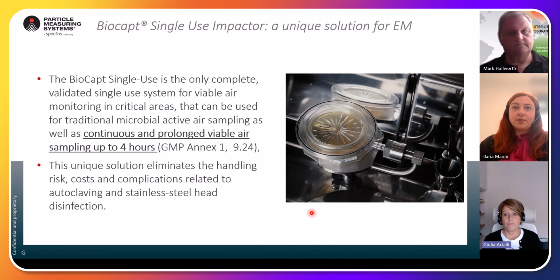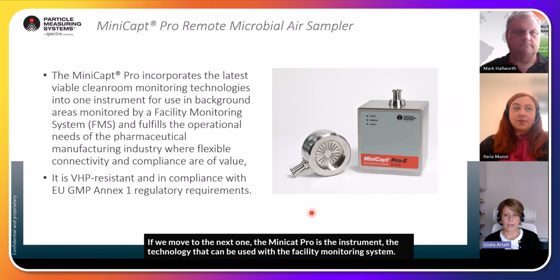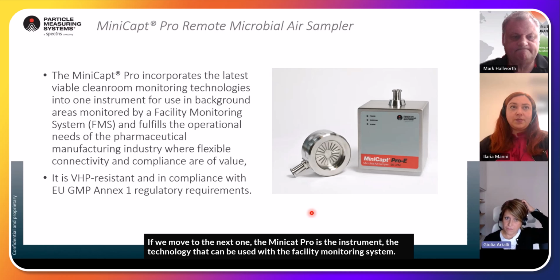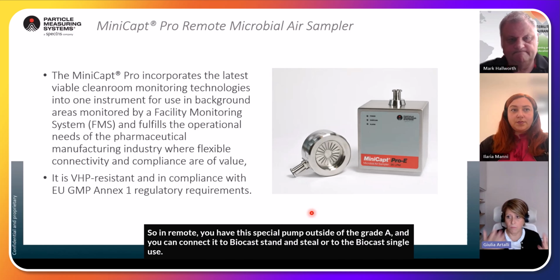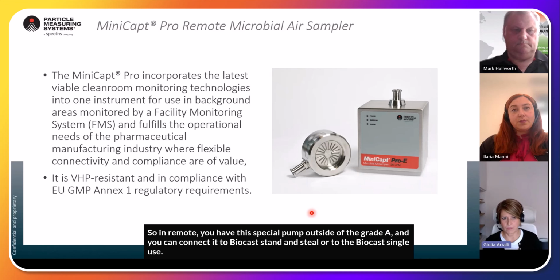If we move to the next one, the MiniCapt Pro is the technology that can be used with the facility monitoring system. So in remote, you have this special pump outside of the grade A, and you can connect to BioCapt stainless steel or to the BioCapt single use.